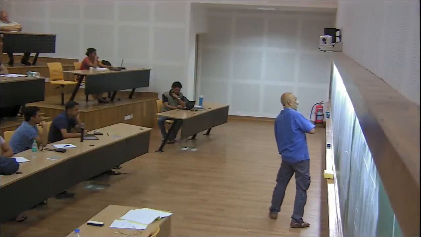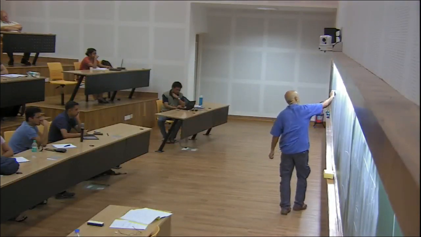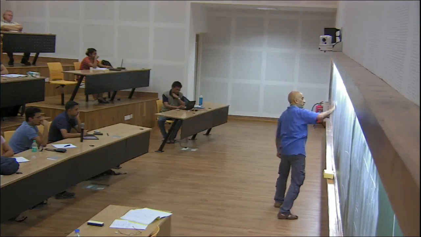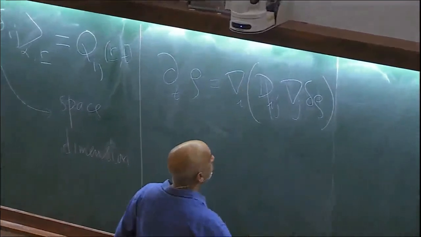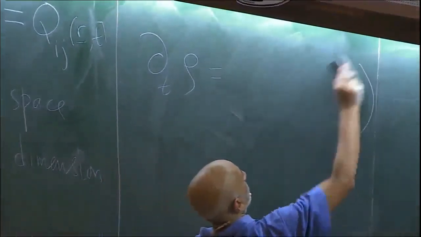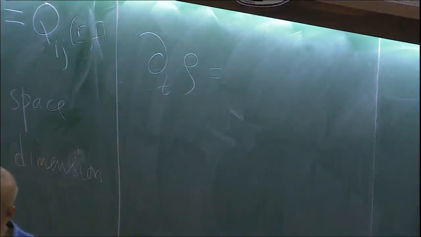So my claim is that if I'm being completely general and phenomenological, I will write down an equation of motion in which I'll write down whatever is allowed. Remember, I've identified my slow variables. I'm keeping track of Q_ij because I'm interested in the case where this system condenses into a nematically ordered phase, what is called a nematic liquid crystal.